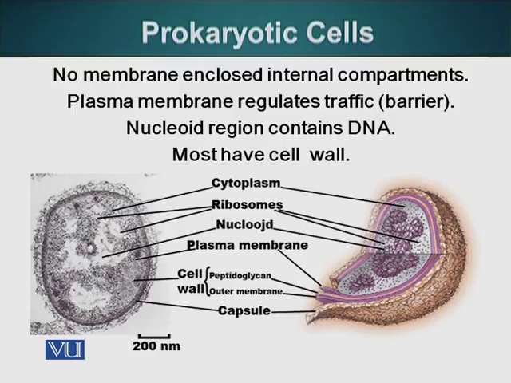But prokaryotic cells, the bacterial cells for example, do not have membrane-enclosed organelles. These cells don't even have a nucleus. Their DNA is present in a specific region, which is called the nucleoid region.